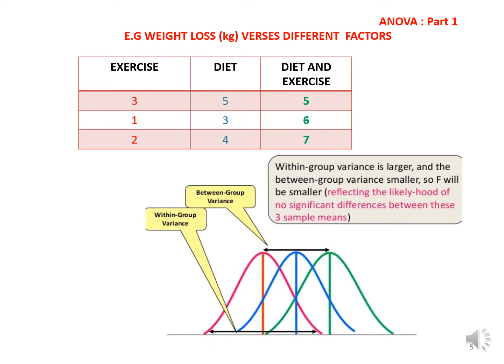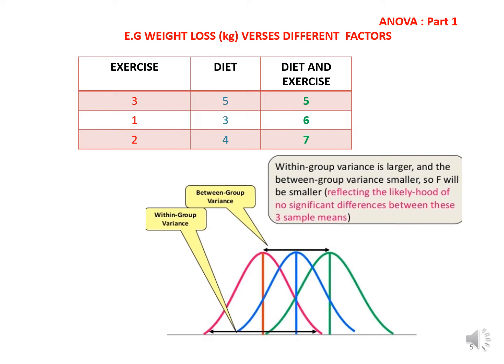Now, let's understand it with an example. An experiment was conducted to check the weight loss in individuals based on diet and exercise. The volunteers were divided into three groups. Group 1 did regular exercise. Group 2 had a strict diet plan with an intention to reduce weight. And Group 3 did regular exercise along with a strict diet plan.